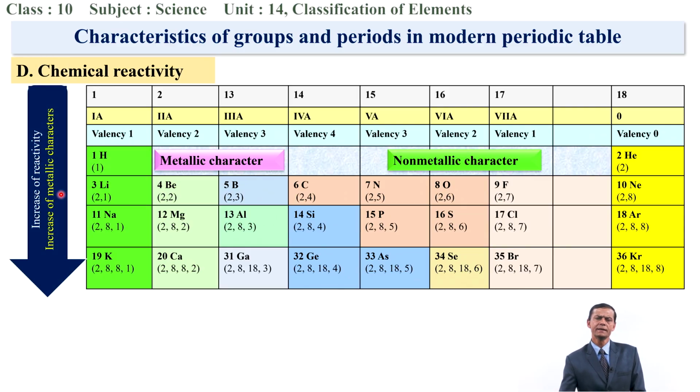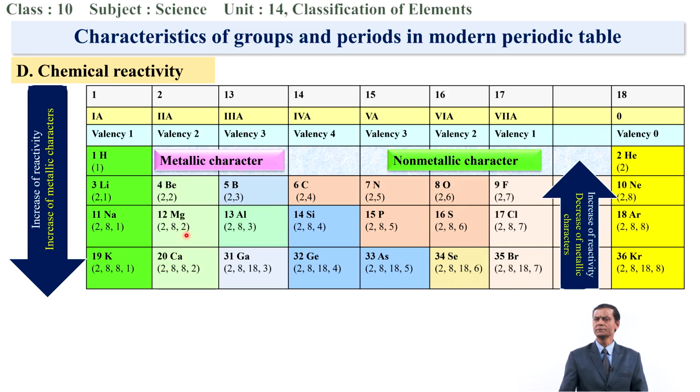Yes, look here, in metals, chemical reactivity increases from top to bottom in a group, isn't it? Why? Atomic size increases, radius increases, so the tendency of losing electrons increases. Metallic elements lose electrons, so that tendency increases from top to bottom.